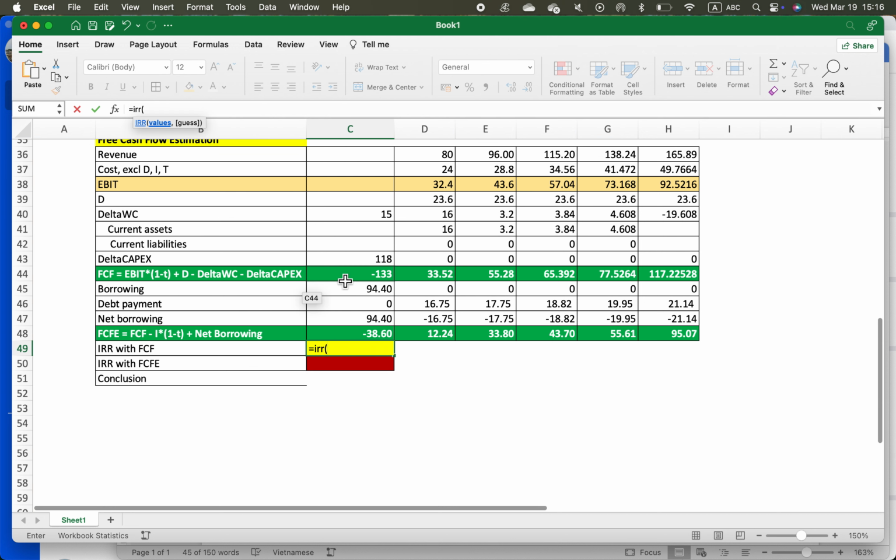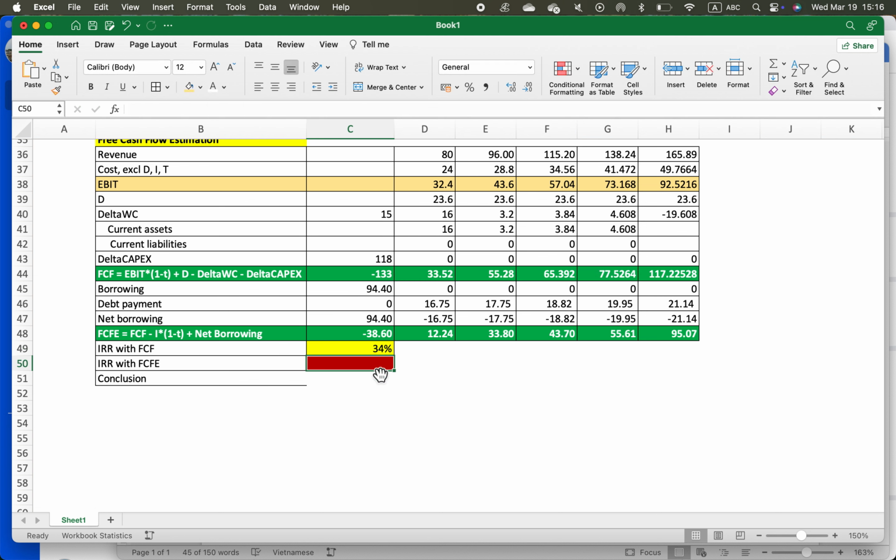We just use information from here until the last one. So IRR is 34.39% per year. And with FCFE in here we put IRR of the values from here until the end of the project life.